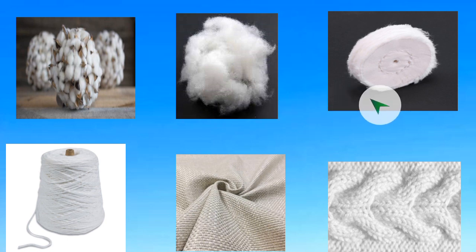The lint is pressed into balls and it is made into yarn by the process called spinning. This is yarn. And the other two processes involved are weaving and knitting. This is the fabric made by weaving technique and this is the fabric made by knitting technique.